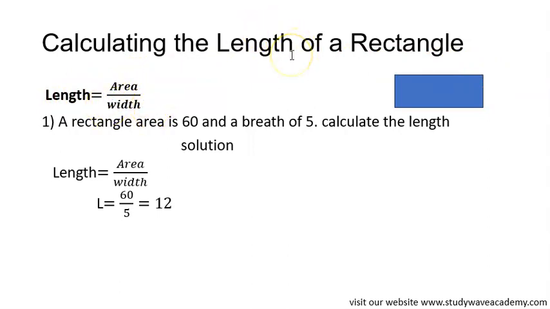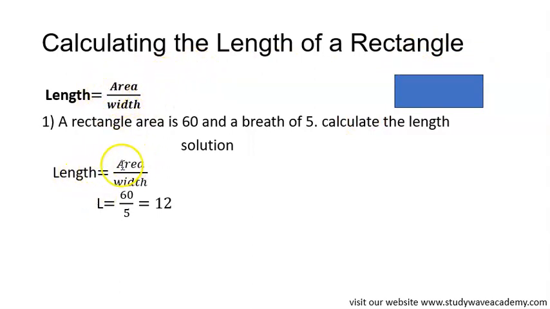Let's look at an example to help us understand better. A rectangle has an area of 60 and a breadth of 5. Calculate the length. The area of this rectangle is 60 and the breadth is 5. Here is 5. We are looking for the length. Okay? So we are going to be using this formula to calculate the length.